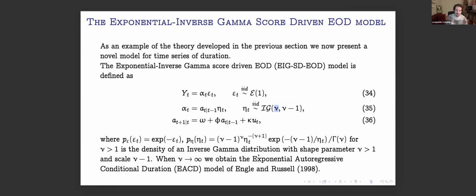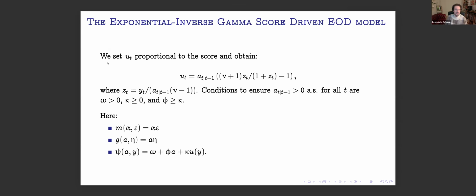And so if we set u_t proportional to the score, then we obtain this. This is the score, defined as a function of z_t. So this is what we would have in an observation-driven specification.